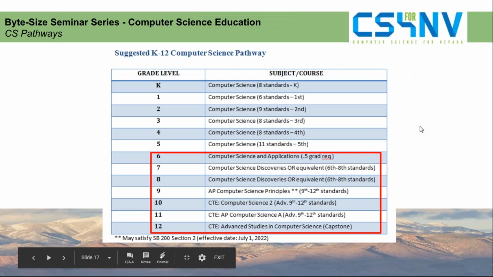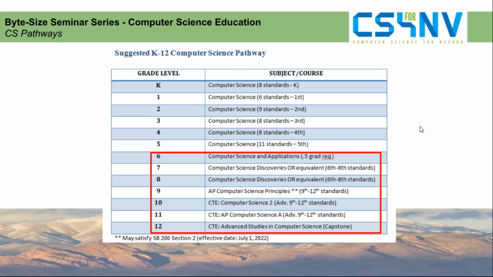All right, so a suggested computer science pathway at the secondary level. As you can see, K through 5, we've got the computer science standards they have for each of their grade levels that build upon each other. Then you get into 6th grade.